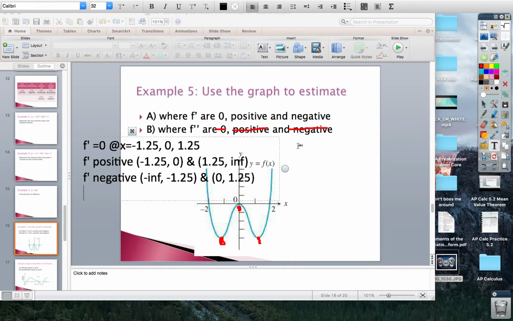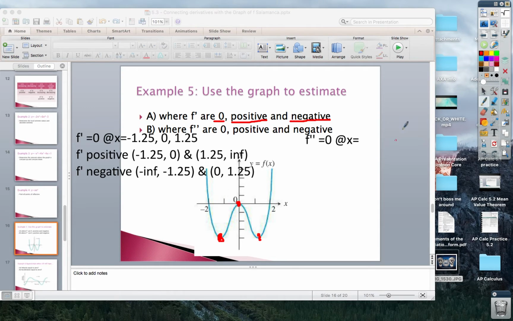So for f double prime, it's equal to 0 at x equals, notice this time we're trying to find out when it changes concavity. So when it's equal to 0, that gives us our points of inflection. So we're looking at our graph and trying to find out when it changes concavity. For me, notice from here, it's concave up, and then about here it changes.